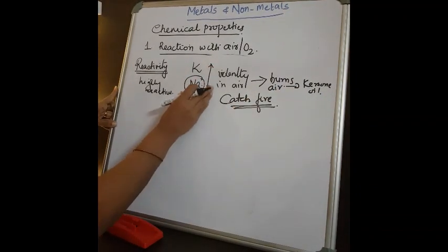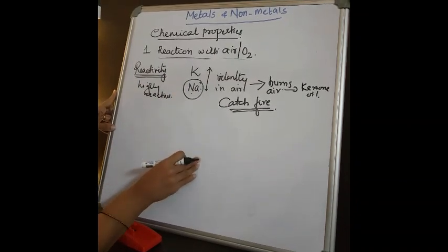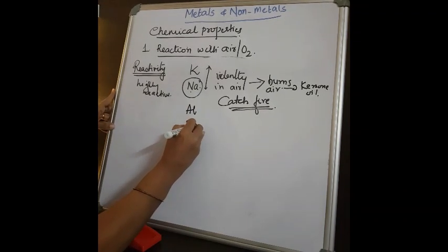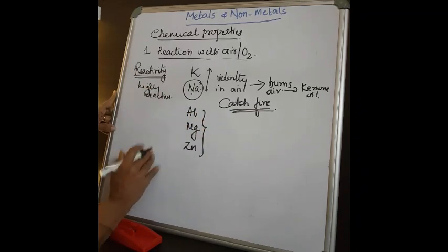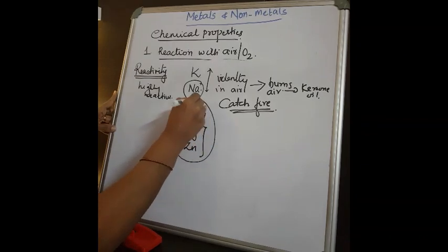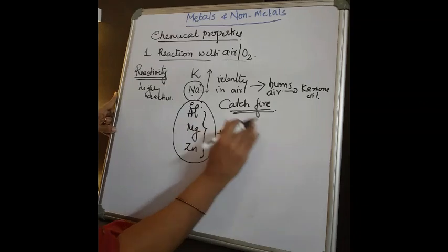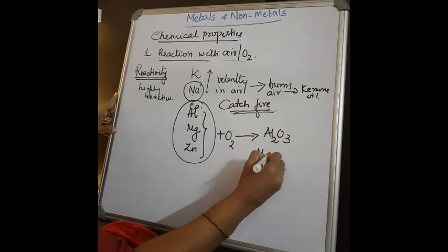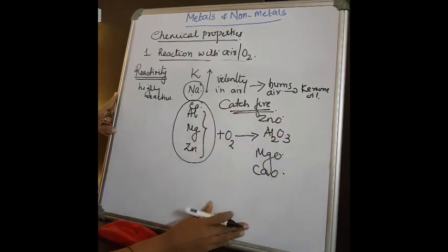Now, if you remember the reactivity series, the rest of the metals like aluminium, magnesium, zinc, then calcium, etc. When these metals react with oxygen or air, they form the corresponding metal oxides like aluminium oxide, magnesium oxide, zinc oxide or calcium oxide, correct?